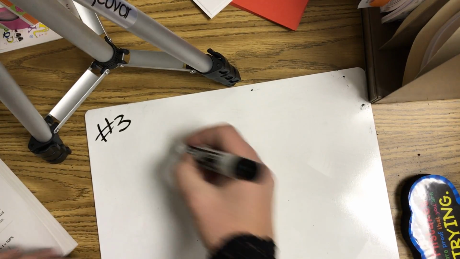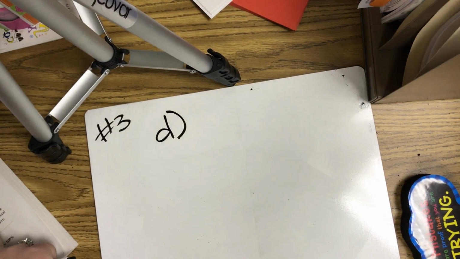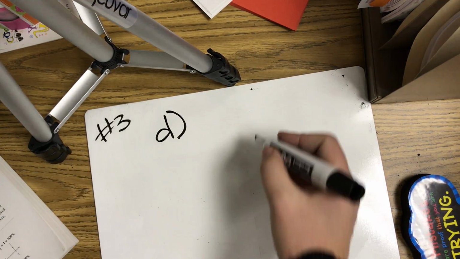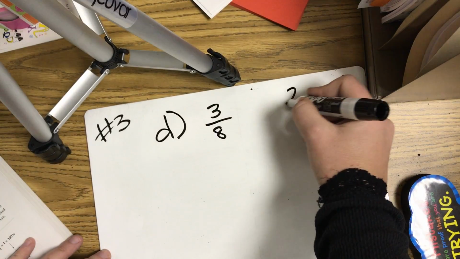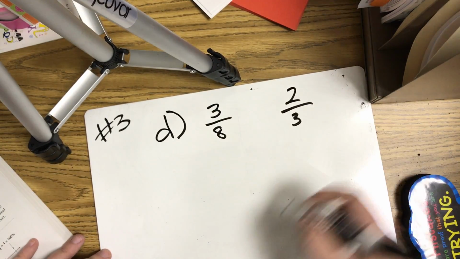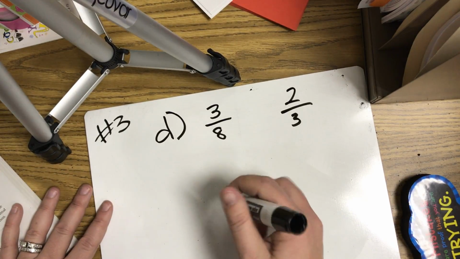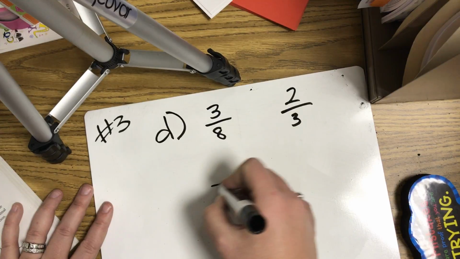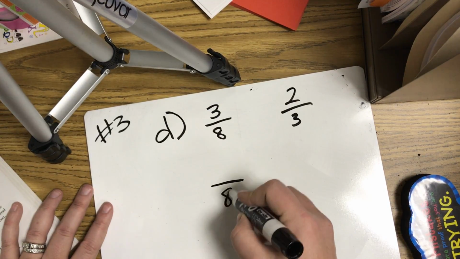For D, compare each fraction. Let's see. Now we have 3/8 and 2/3. Sorry, I was reading something else. Okay, we have 3/8 and 2/3. So I would compare both of these to 1/2.